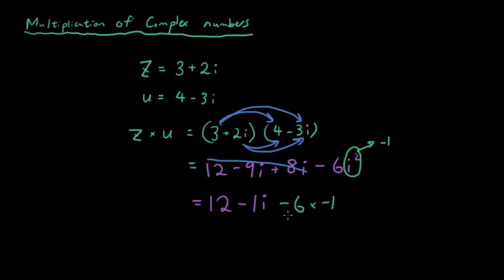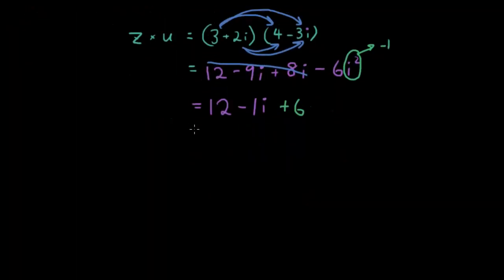So you just change the sign to plus 6, because negative 6 times negative 1 is positive 6. So then this becomes 12 plus 6 is 18 minus 1i. And that is the final answer.